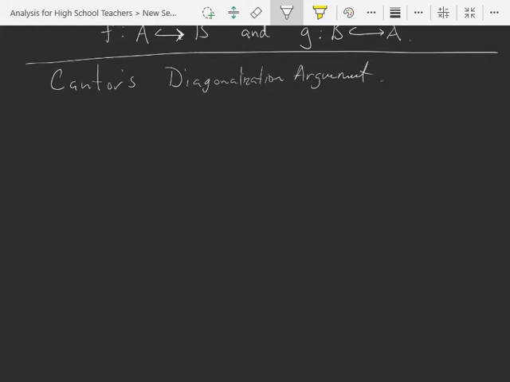Okay. The size of the real numbers is bigger than the size of the natural numbers. So there are more real numbers than natural numbers. This leads to two different sizes of infinity.